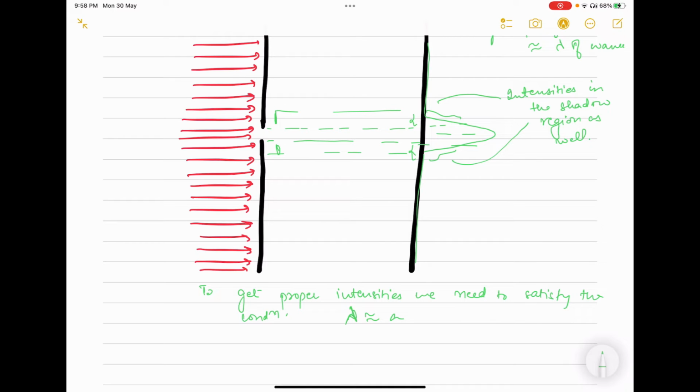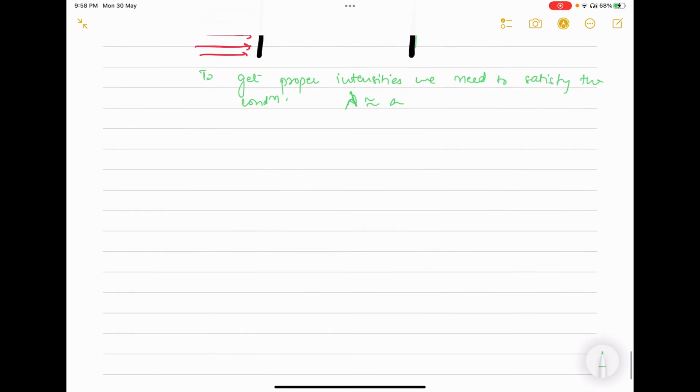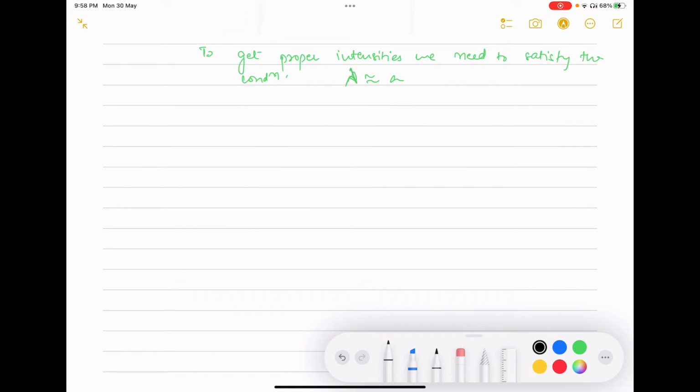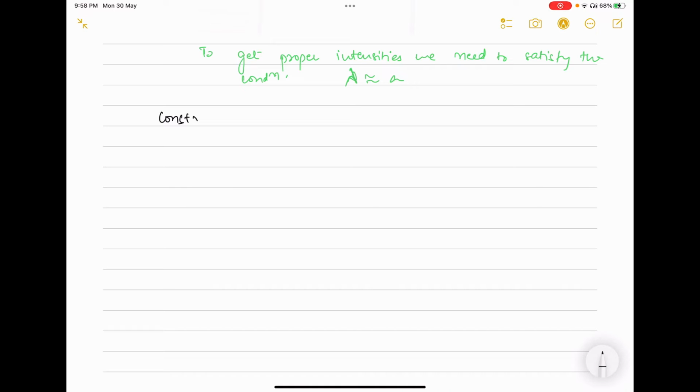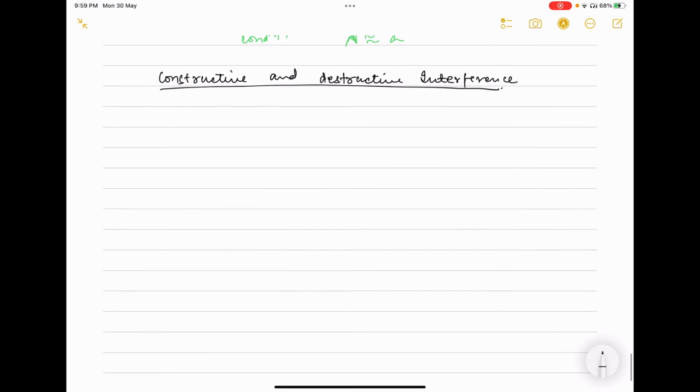Now, once we have understood how we get intensities, let us go on to constructive and destructive interference, that is diffraction. So, first go with the constructive interference.